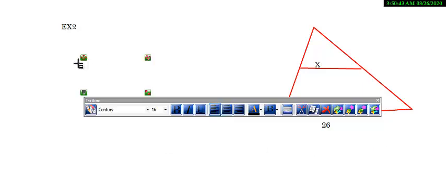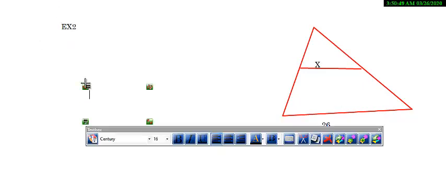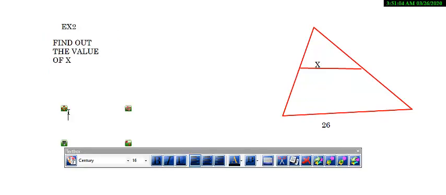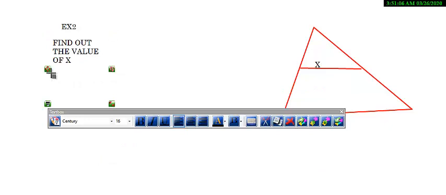So the question asks me to find the value of x. To find the value of x, we need to use the midsegment theorem which we had.